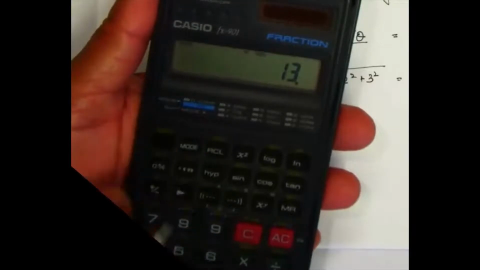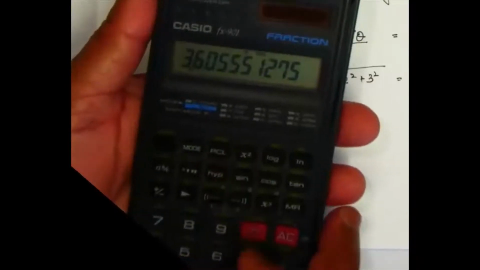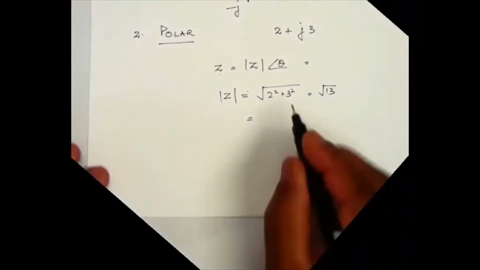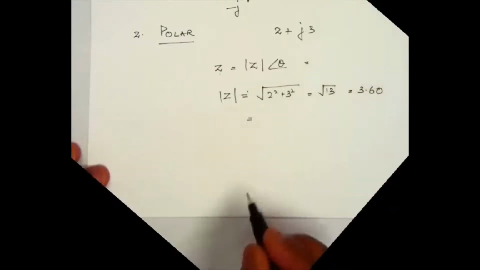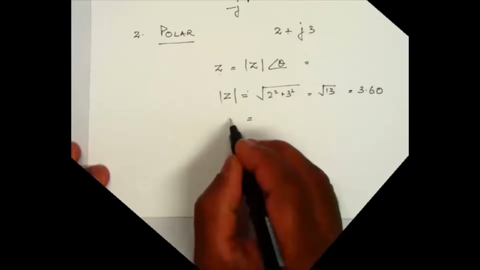So, let's just check that again. So, 13 square root is 3.60, that's 3.60, and then the angle we will find now.